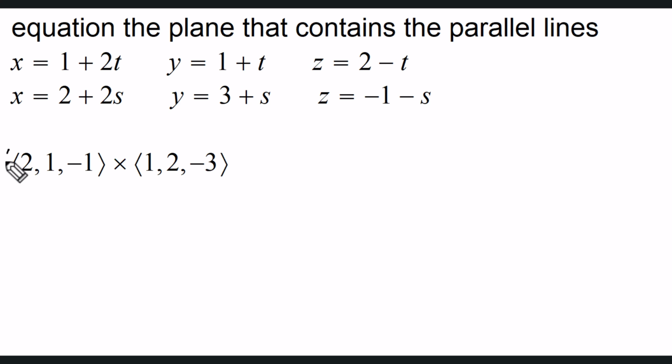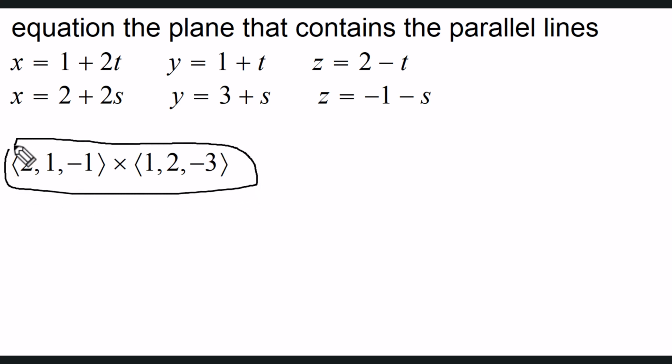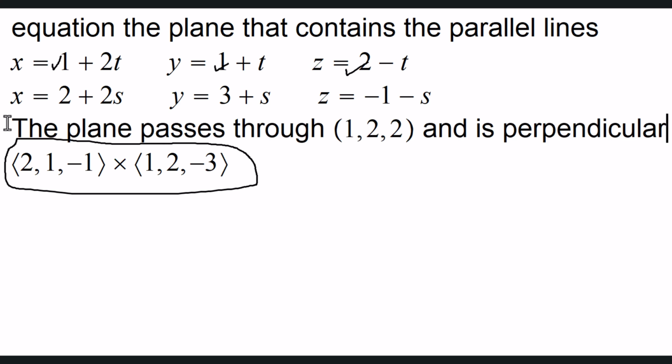So now we have a vector perpendicular to the given plane, and we can choose a point on the plane from either of these 2 lines. Let's choose this one. So we find that the plane passes through (1, 1, 2) and is perpendicular to the vector with these components.